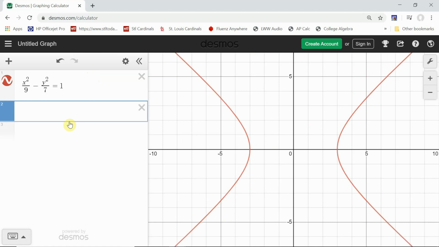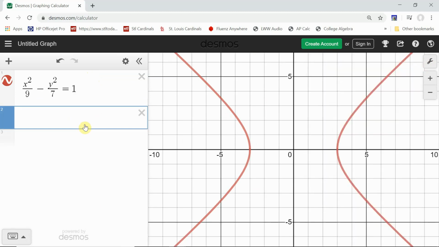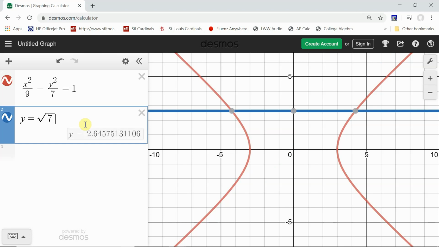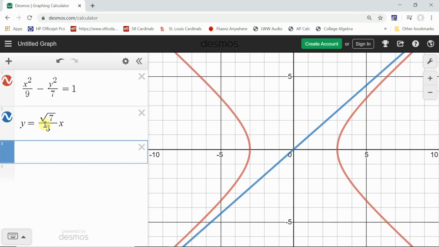Okay. So we have our hyperbola here, opening left to right from what Desmos is showing. And then if we go ahead and graph, so y equals, we have the square root of 7 over 3 x.